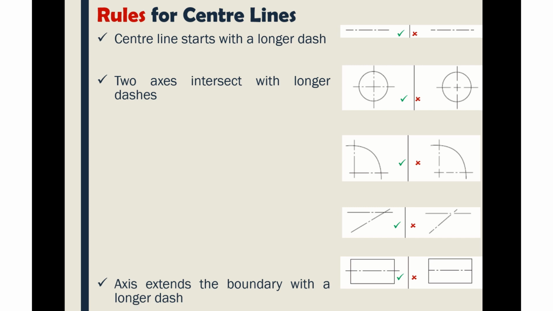When you are drawing an axis that extends beyond a boundary, it is a long dash that must cross the boundary, not the short dash. The long dash must actually extend beyond the boundary, and that's what we have in this place. The long dash extending beyond the boundary, and here you see that it is not extending beyond the boundary. So this is actually wrong.